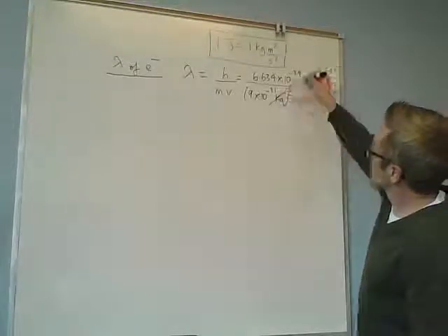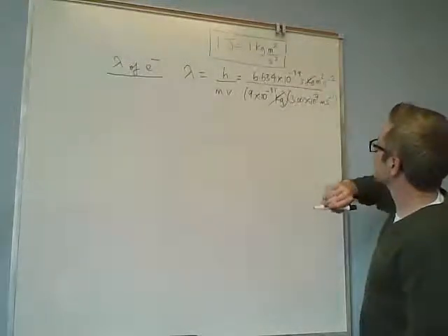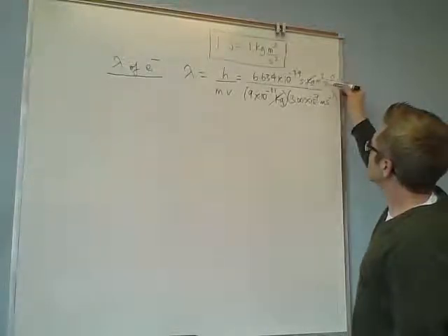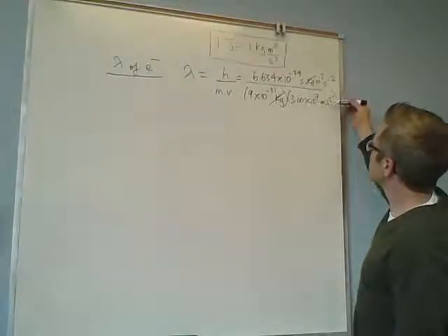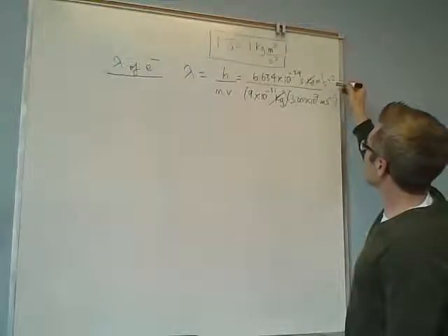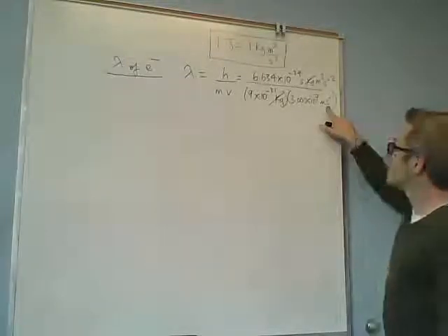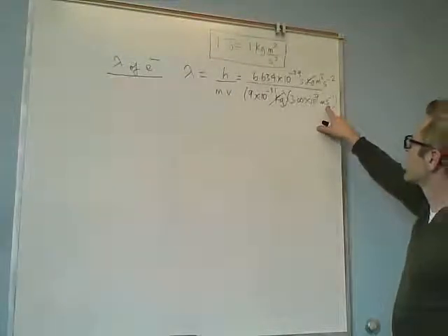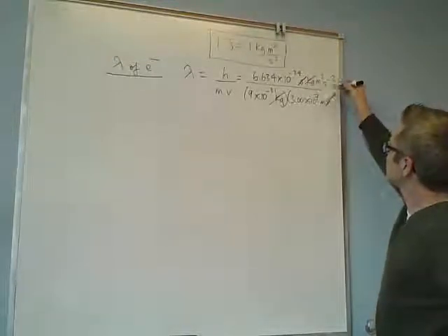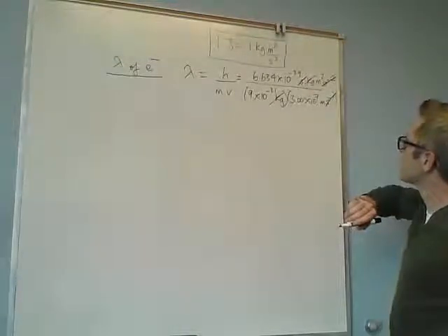The kilogram cancels the kilogram. You have second to the negative 2, that's a denominator. And here you have a denominator that's already a reciprocal second, so that becomes a second. So in short, that second and that second are going to cancel those two.